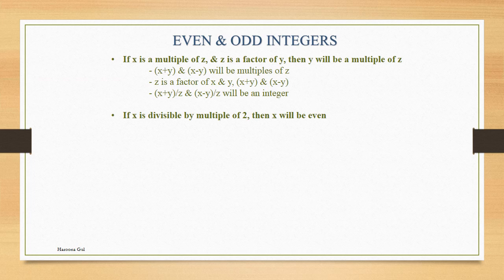That is, 10 divided by 2 and 2 divided by 2 will be an integer.